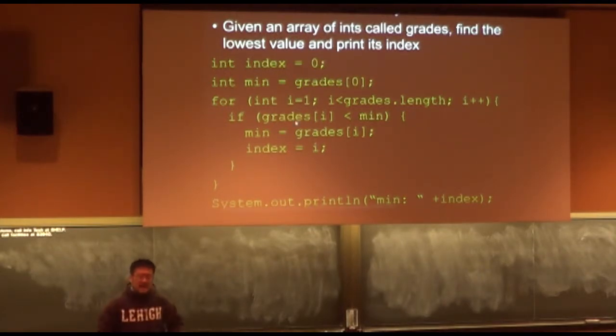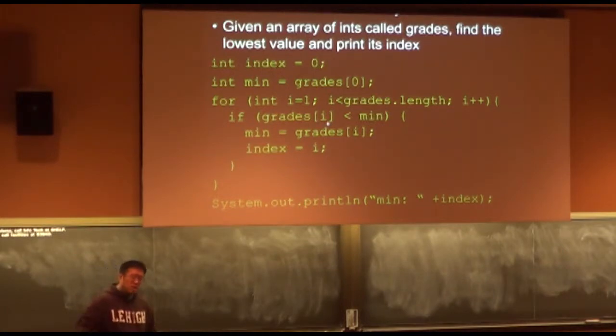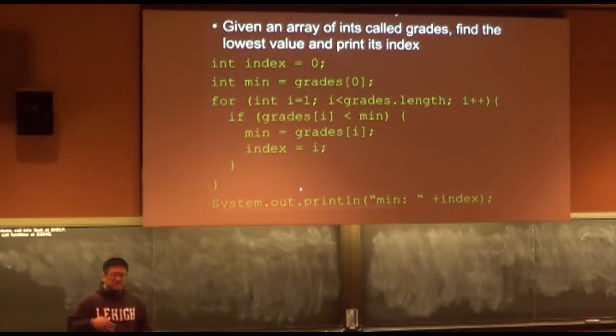So what happens is, as I look at each member of grades, if I see a member of grades, grade sub I, which happens to be smaller than the minimum that I've seen so far, make the minimum equal to that member of grades, and update the index equal to I. So at the end, if I started off with grade sub 0 and grade sub 0 was the smallest member of grades, then at no point would I hit this if statement, because there would be no member of grades which is smaller than the min.